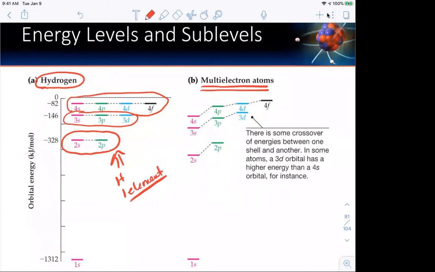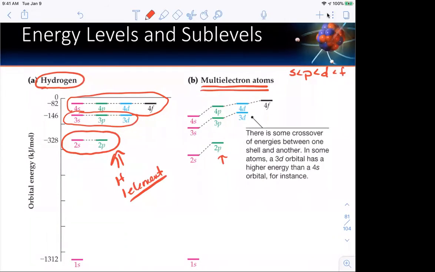So, for example, my 2p orbitals are higher in energy than my 2s orbital. My 3d orbitals are higher in energy than the 3p orbitals, which are higher in energy than the 3s. So generally, s is lower in energy than p, which is lower in energy than d, which is lower in energy than f.